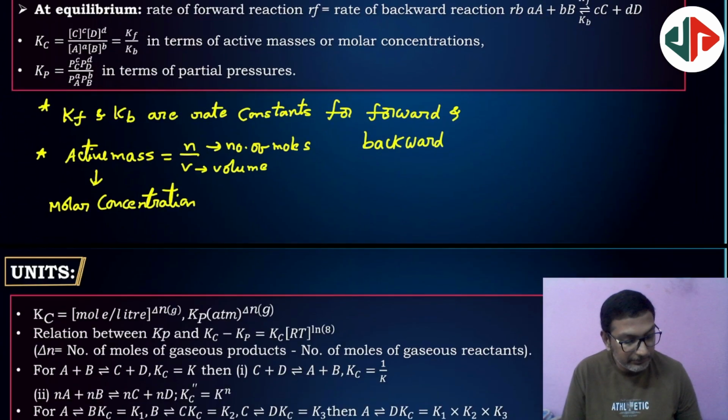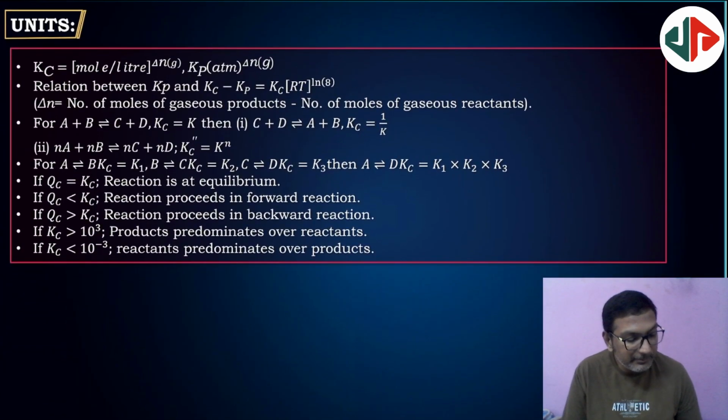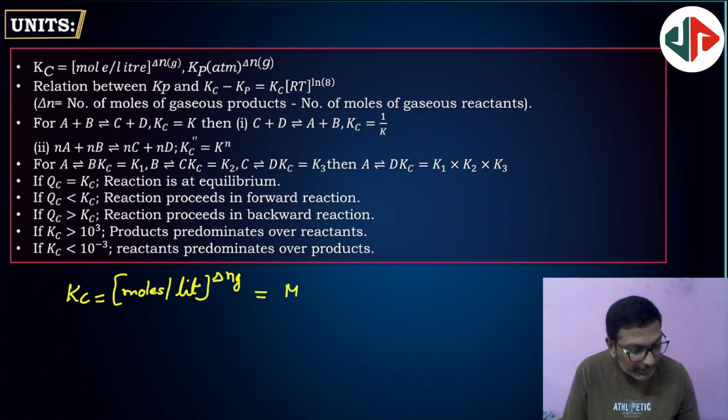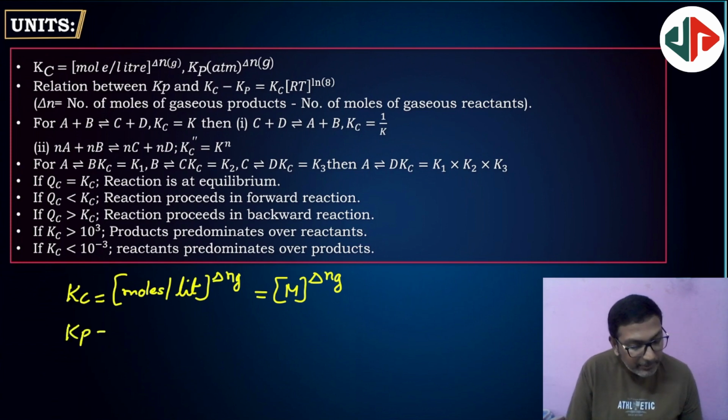Next, units. Units of Kc are moles per liter to the power delta ng, or we can write Kc equal to molar, capital M, power delta ng, and Kp is atmosphere power delta ng.